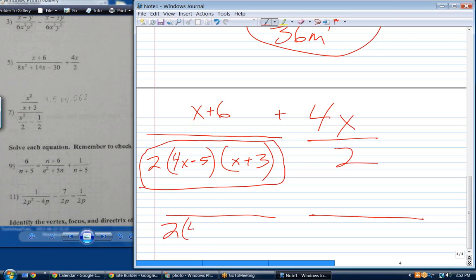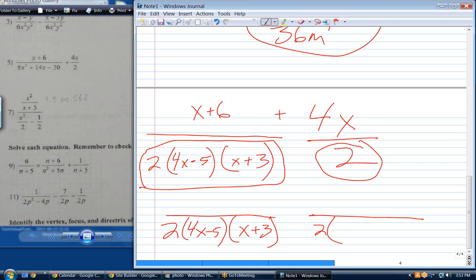Here's my common denominator. I'm going to leave it in factored form in case something nice happens with that x plus 6. I don't know what it would be, but that's my same common denominator. I don't need to multiply 2 times that. In other words, 2 divides evenly into that.